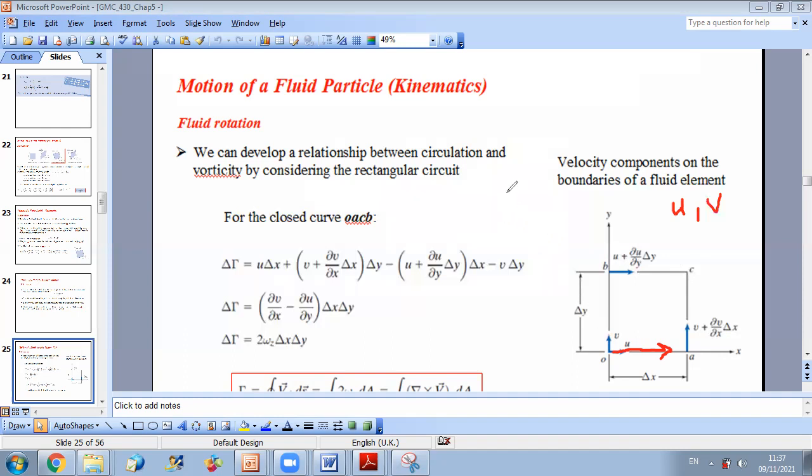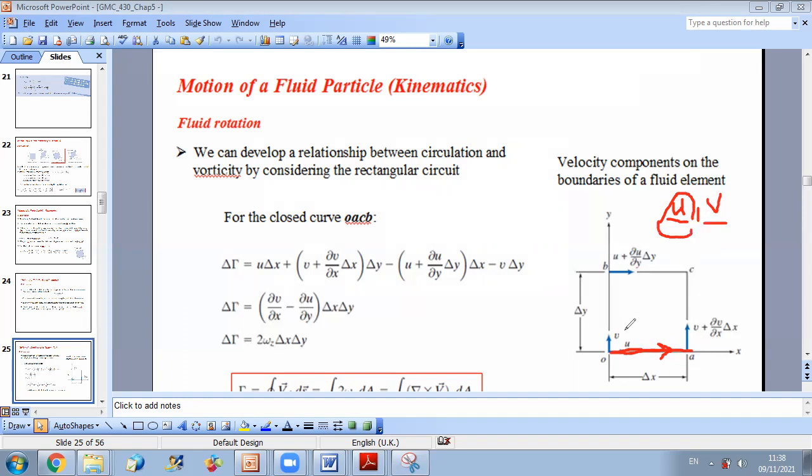So you will just take the component of velocity along the line you are moving on. For example, when you move along OA, this is your s. If your velocity has two components, u and v, you will just take the component that is along OA, which is the u component.